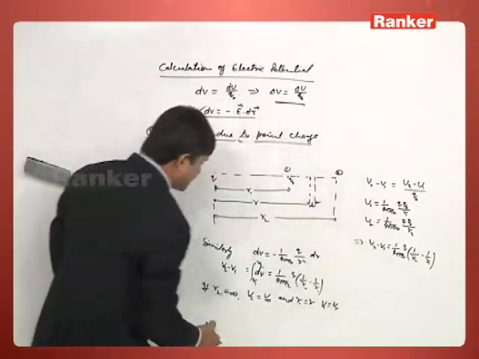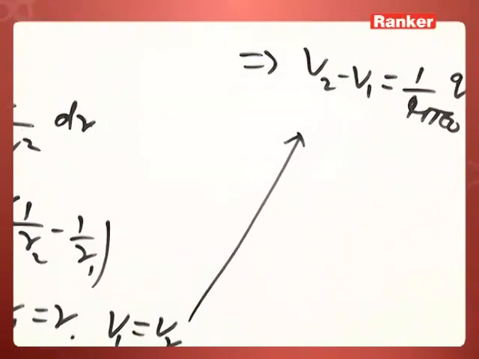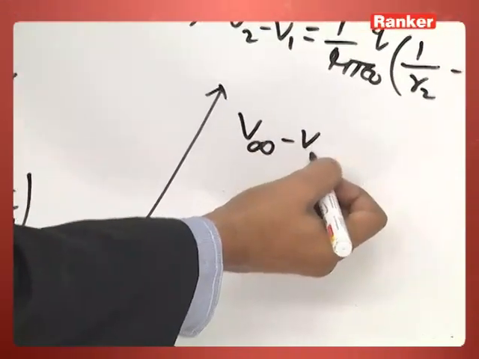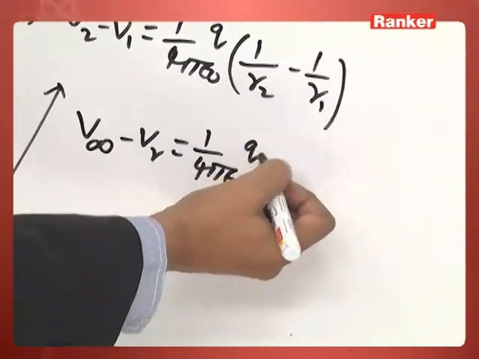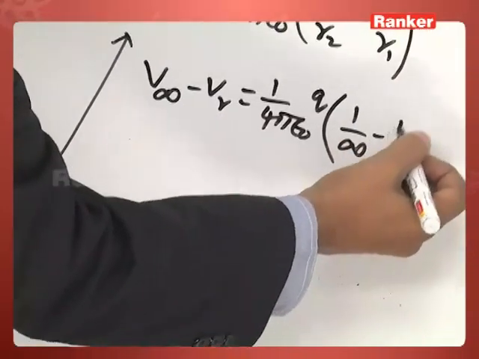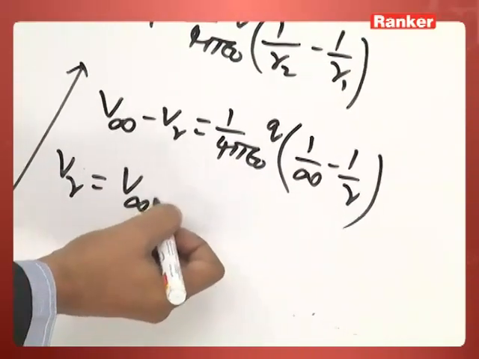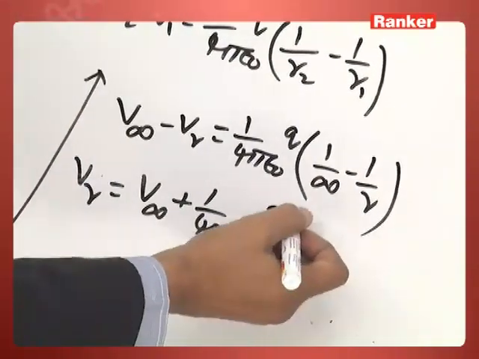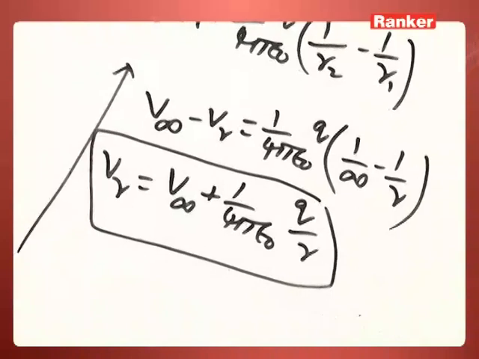We can replace these values in our expression, either of the expressions. So V2 minus V1, 2 meaning V infinity, 1 meaning V at R. V infinity minus V at R equals 1 by 4 pi epsilon naught Q, R2 is infinity and R1 is R, so 1 by infinity minus 1 by R. So V at R is V at infinity plus Q by R. This is the general expression for potential due to a point charge.